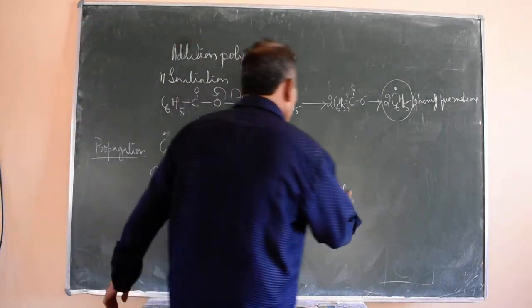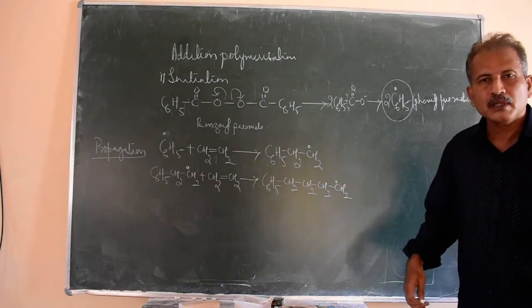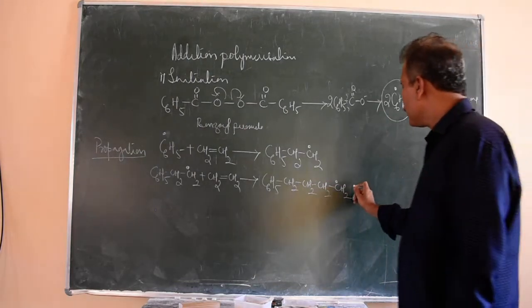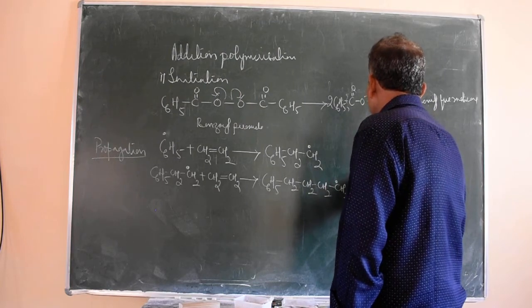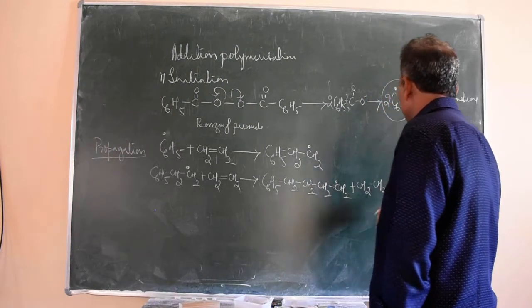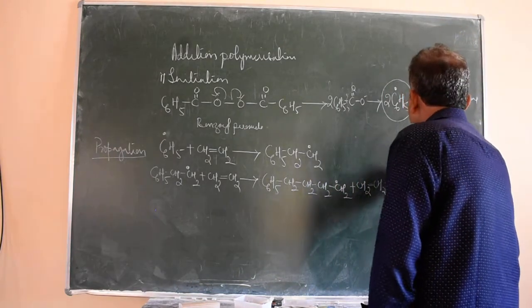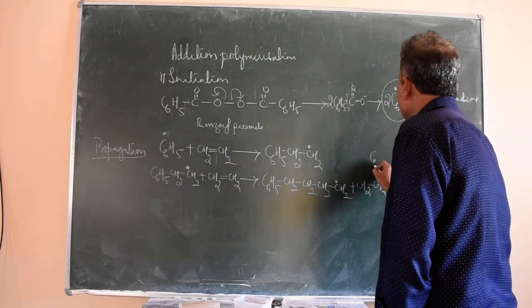Suppose this goes on joining with n number of ethene molecules. What will you get? Let us say you will end up with something like this. I'll write it here.